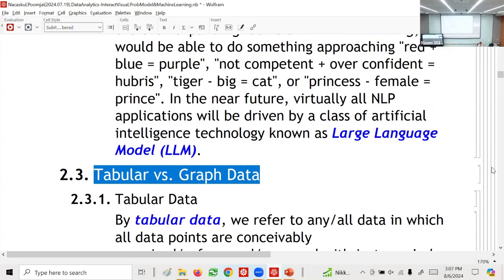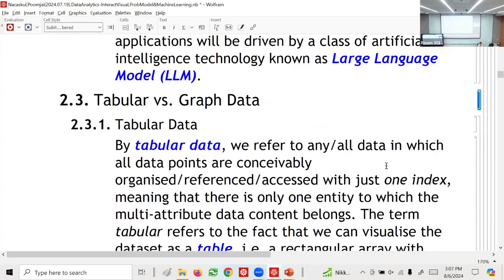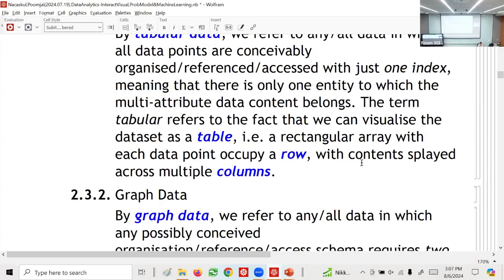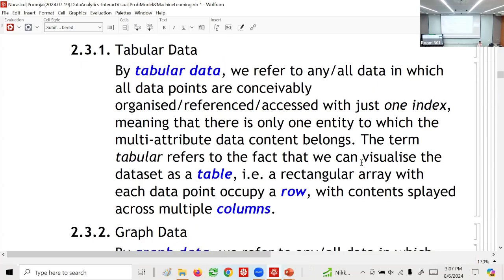Now, this is important, and this is basically the last thing we need to cover today. Tabular versus graph data. This is basically how data comes to you. Well, how does data come to you? It comes in a zip file, it comes in this format, that format. But no, forget it.